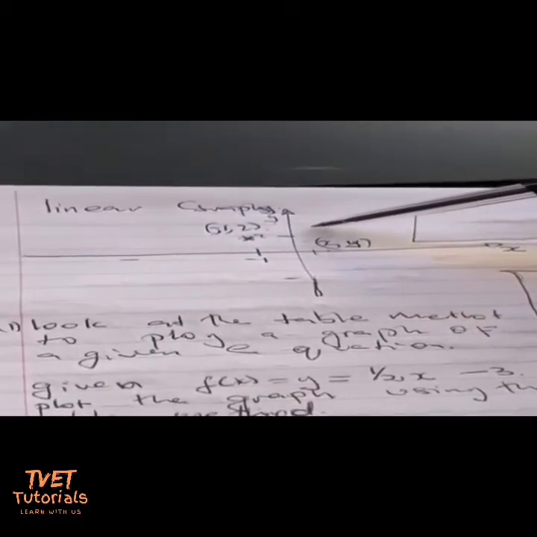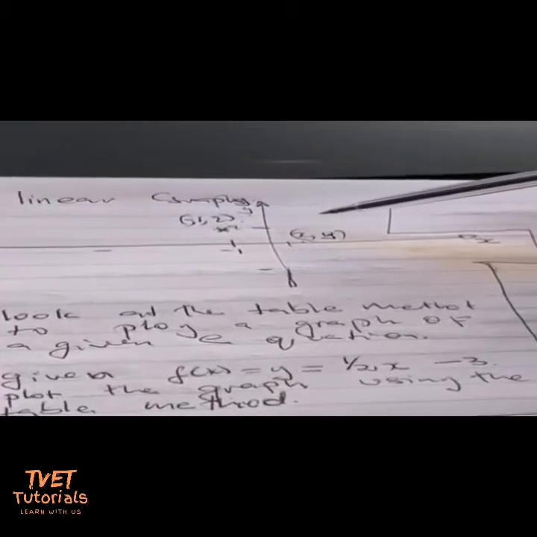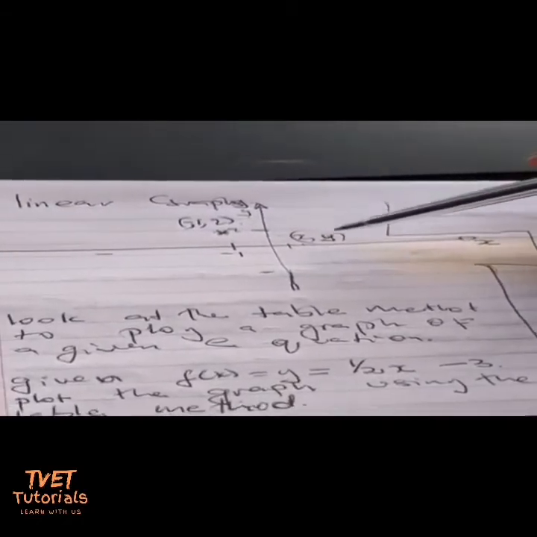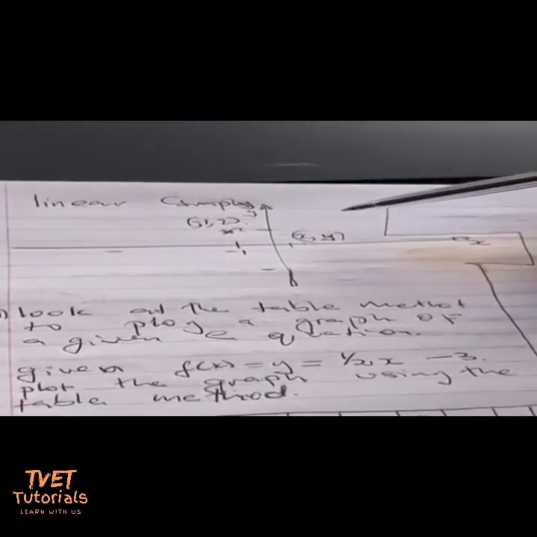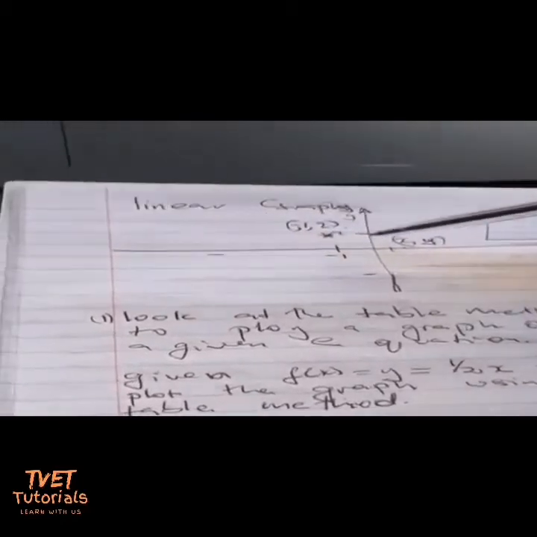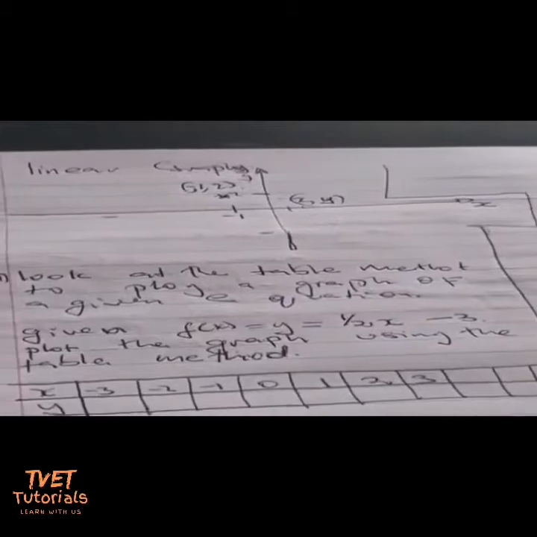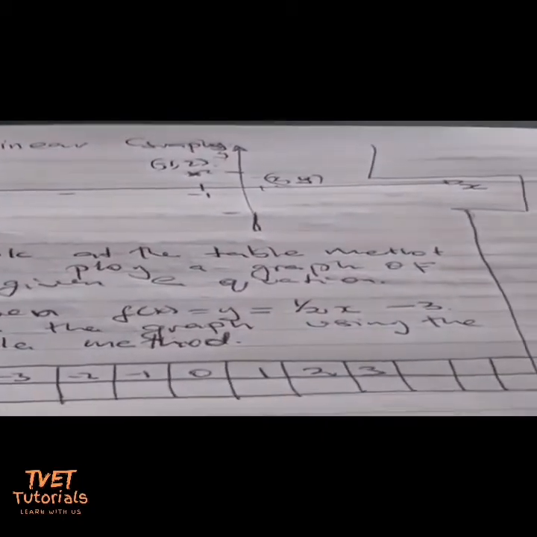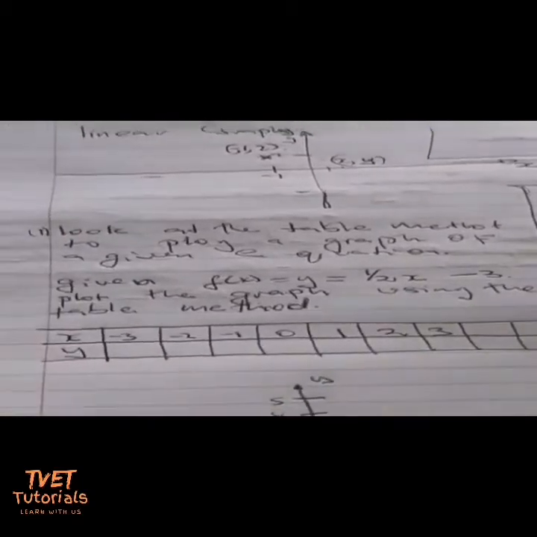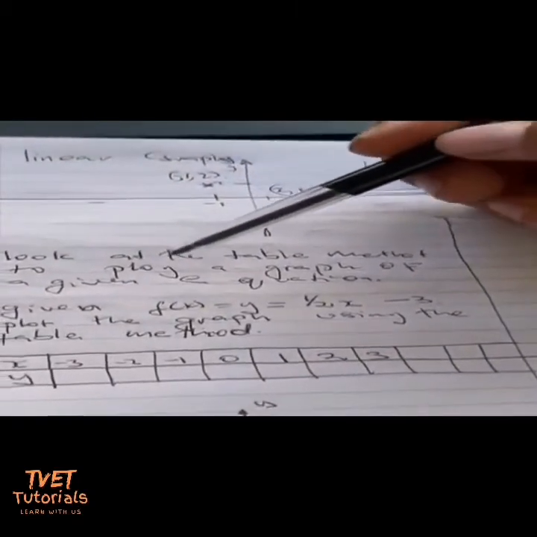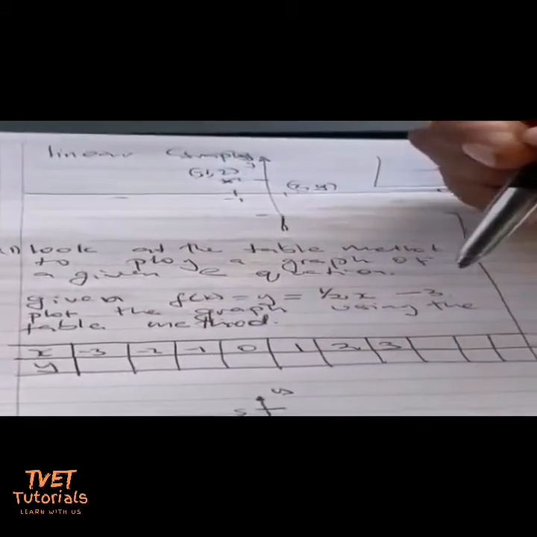So we use this Cartesian plane to plot the ordered pairs that make up the graphs that we'll be looking at. In this case, we will be looking at linear graphs, as I said in the previous video, so we'll look at the different methods that are used to plot or to get some values from the graphs.